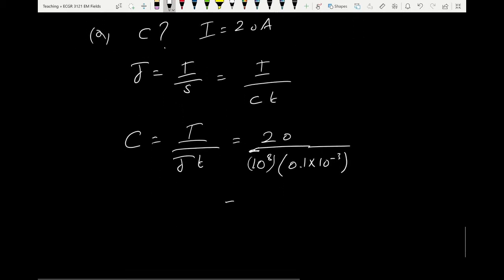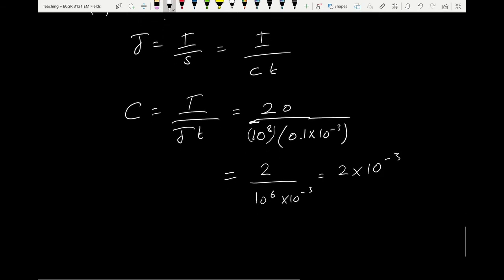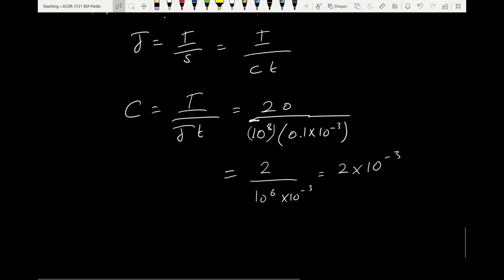Right, so we can manipulate this a bit. The 0 here at the numerator cancels one of the powers of 10, and then I have 0.1. So I end up with 2 over 10 to the power 6 times 10 to the power minus 3. It's 2 times 10 to the power minus 3 meter.